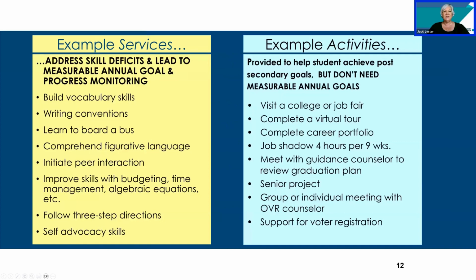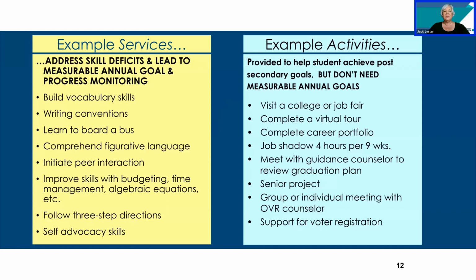Here's some examples of services and activities. Remember that a service is specifically connected to a skill deficit. So you can remember it like that, S and S. A service is connected to a skill deficit, which leads to a measurable annual goal and does include progress monitoring.